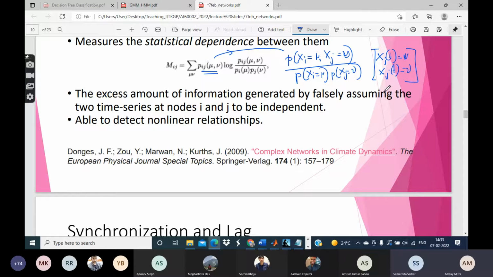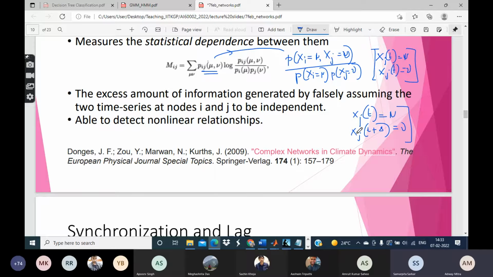But instead of calculating it in this way, we may also calculate it another way. The event we have considered here is that at the same time xi takes the value mu and xj takes the value nu. This is the definition of our event.